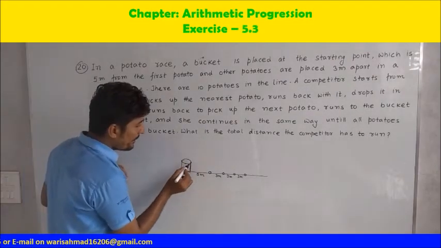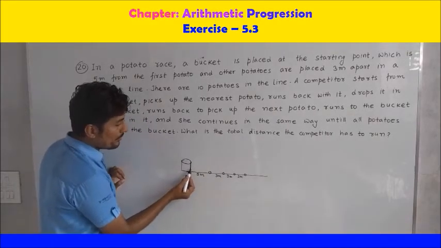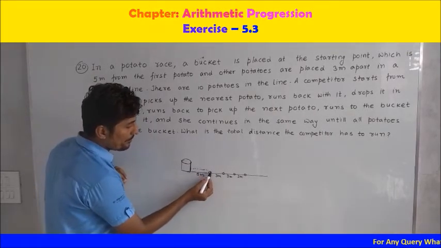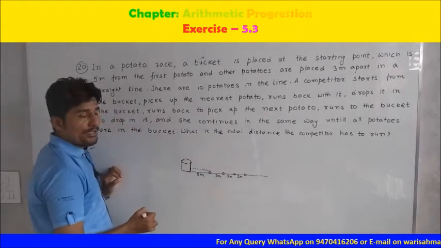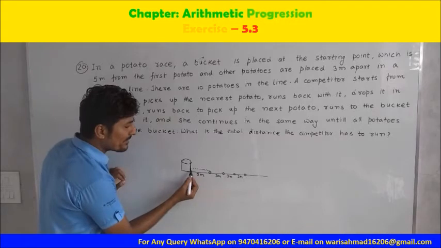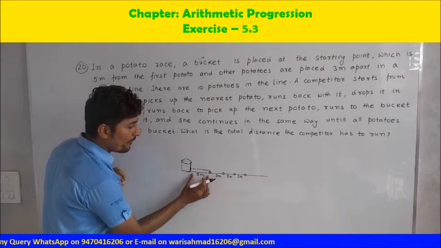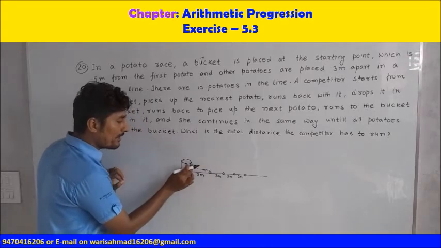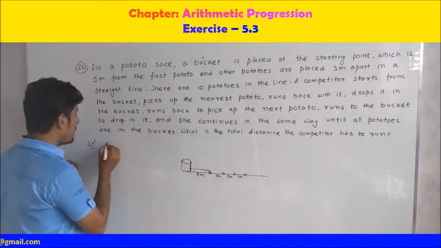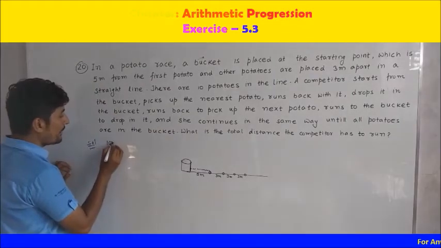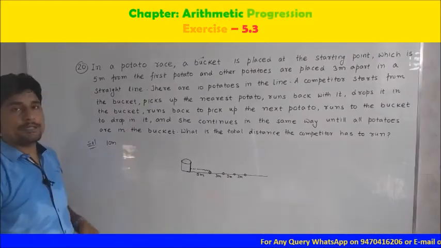Suppose the competitor is starting from this point, beside the bucket. She runs towards the potato, picks up this potato and comes back and puts it into the bucket. On picking up the potato, she travels a distance of 5 meters and coming back to the bucket for dropping it, again 5 meters. So the total distance traveled by the competitor to pick up the first potato is 10 meters.